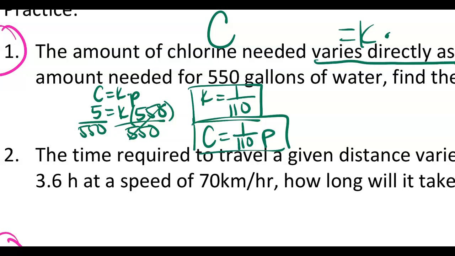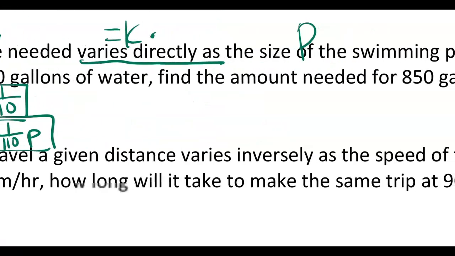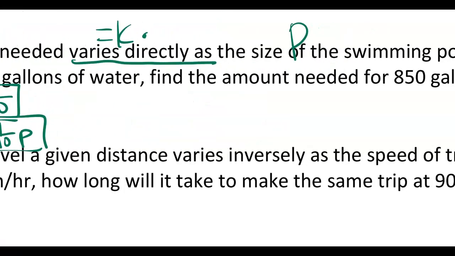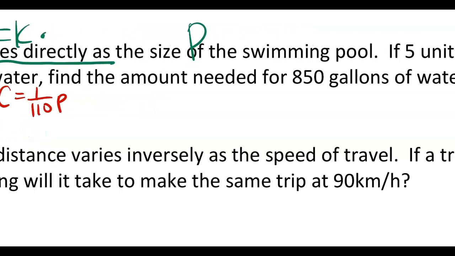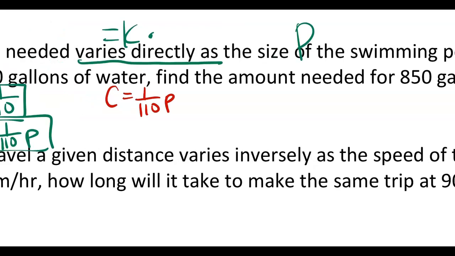Okay, and the last thing that I need to find is the amount of chlorine needed for 850 gallons of water. Let me use the formula that I had. C equals 1 over 110 times P. If I'm finding the amount needed for 850 gallons of water, that 850 is P. That's the size of the pool.